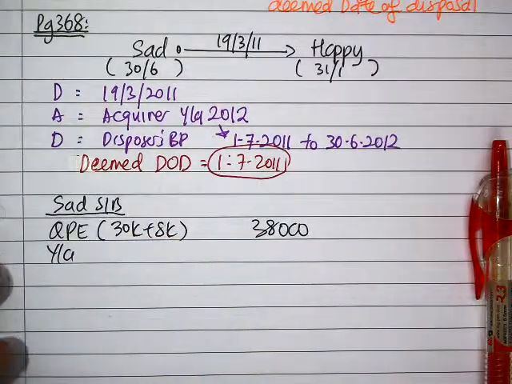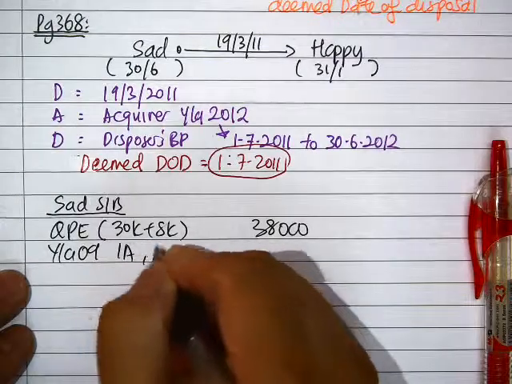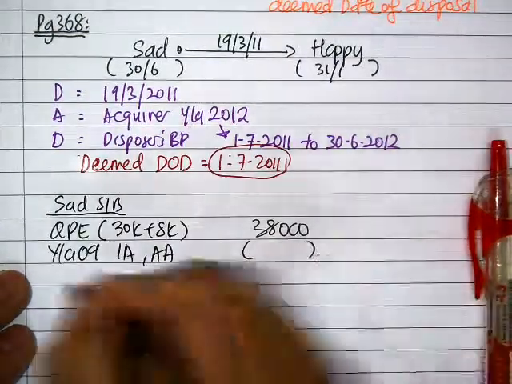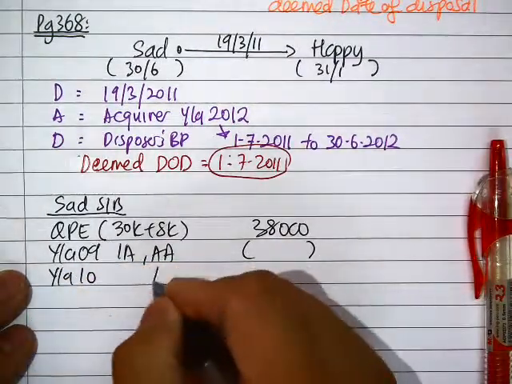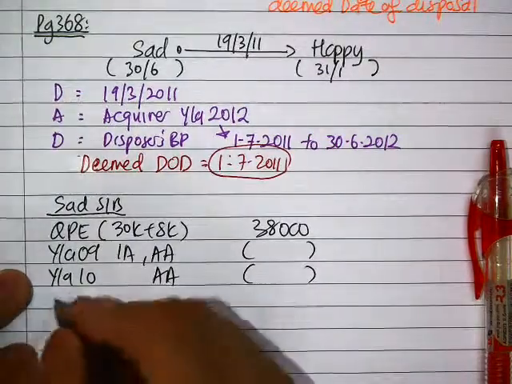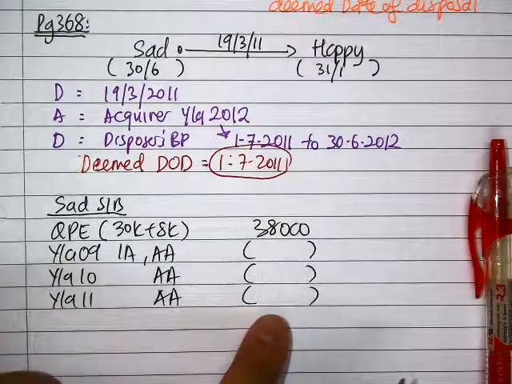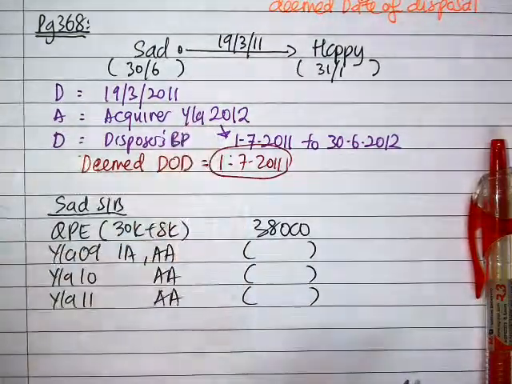The YA that LSB acquired is 16th of April 09. So that's Y09 that you claim IA and AA. And then 2010 you claim AA. And 2011 you claim AA. See, you claim until 11. You dispose in 12, claim until 11.